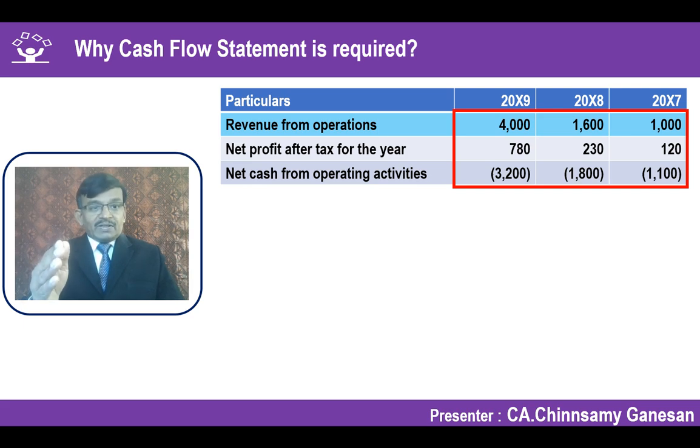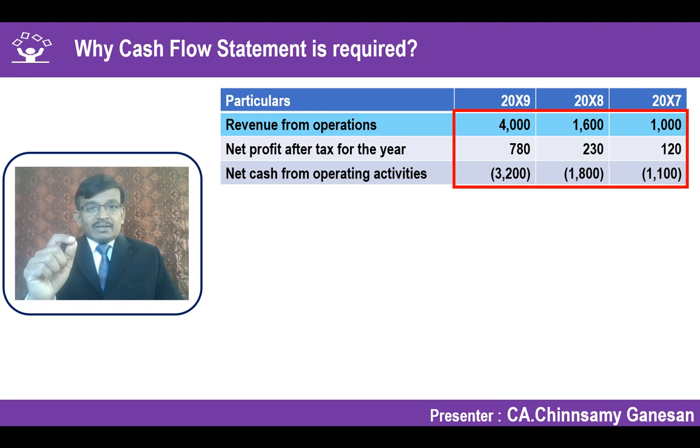The net profit after tax for the year is also consistently increasing in line with the increase in revenue from operations. For example, in 2017, it was 120 million, it was 230 million in 2018, and in the current year, it is 780 million.